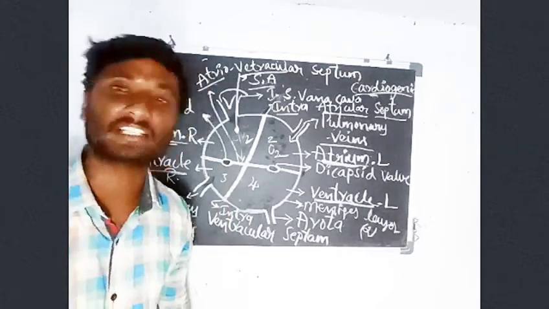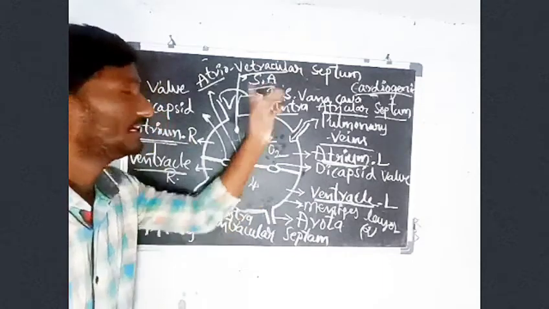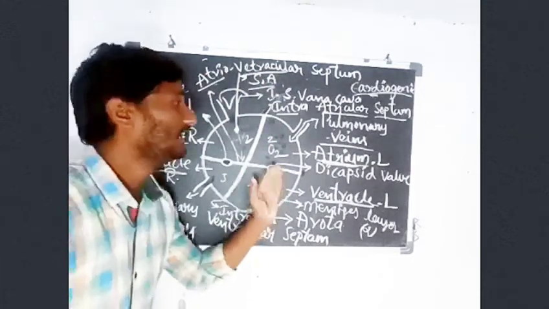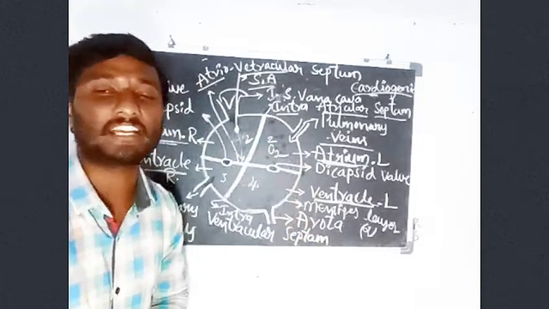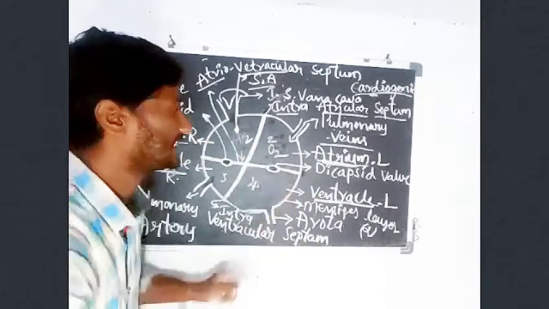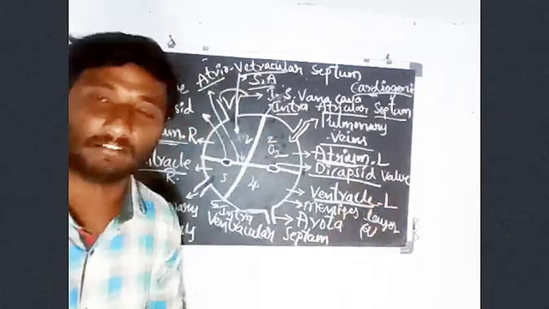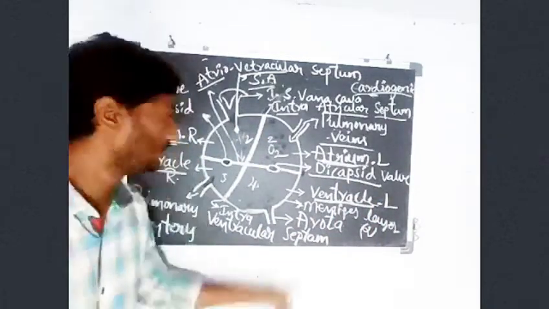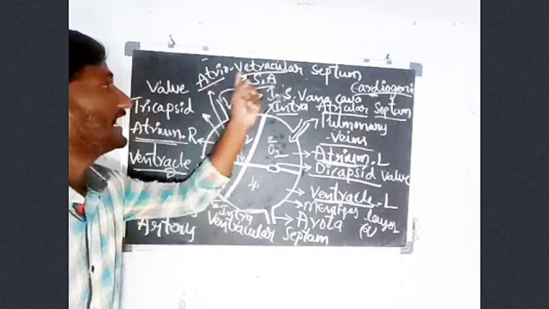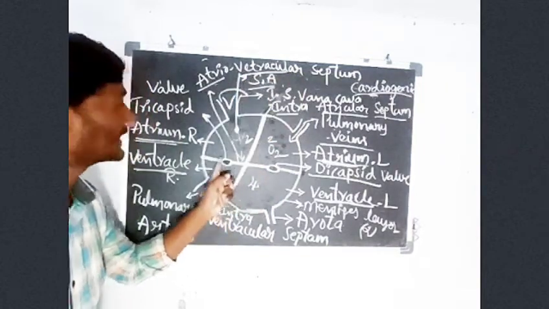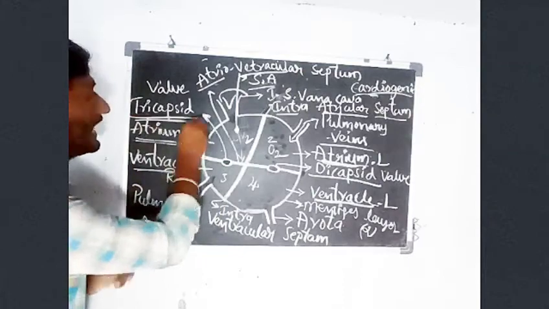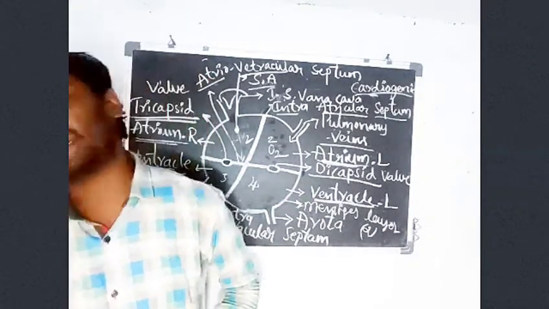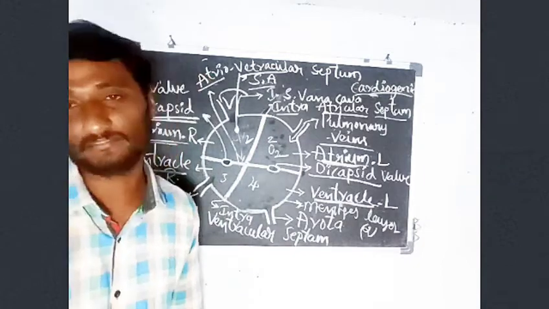The left side of the atrioventricular septum consists of the dicapsid valve. Note it, dicapsid valve. The right side consists of the tricapsid valve. Left side, dicapsid valve. Right side, tricapsid valve.